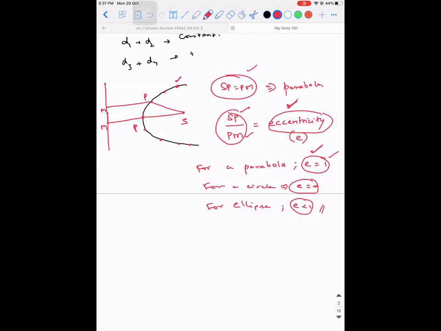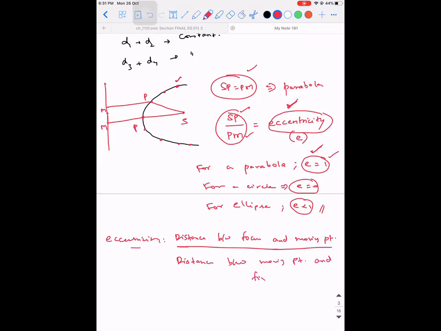But in general, what do you mean by eccentricity? Write down the definition. It is the ratio of the distance between the focus and the moving point, divided by the distance between the moving point and the fixed line.